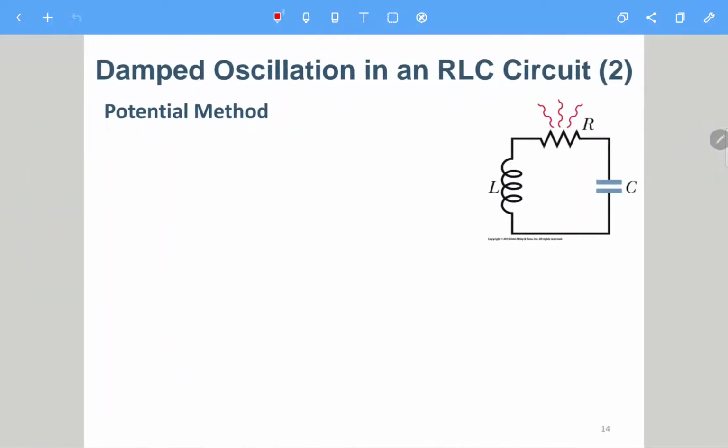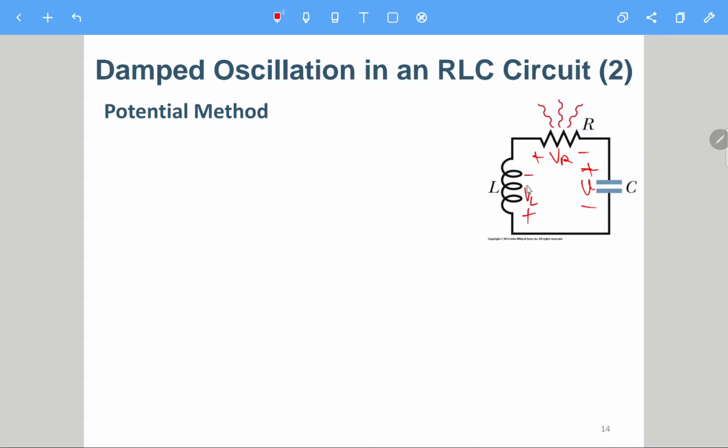So let's see here. We can say this is V, this is VR, this is VL. I define the direction: this is minus sign, this is plus sign, and then this is minus sign, this is plus sign, this is minus sign, this is plus sign.